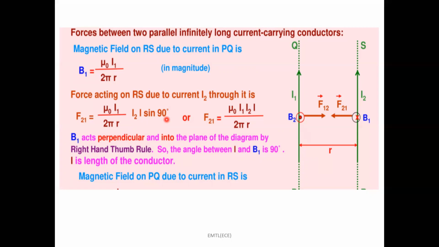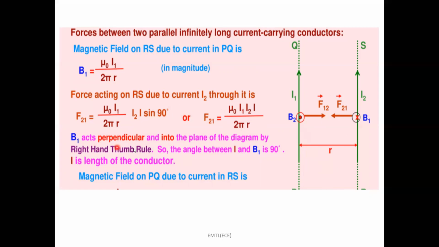So this is the expression of the force acting on RS due to current I2 through it. So simply F21 is expressed as mu naught I1 I2 L. Here the sin 90 value is 1, which is equal to 2 pi R.